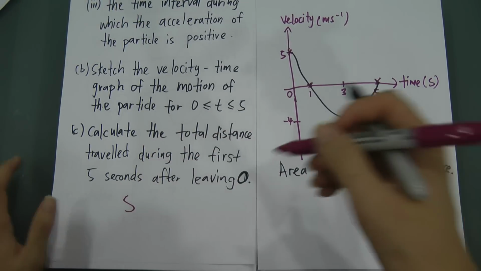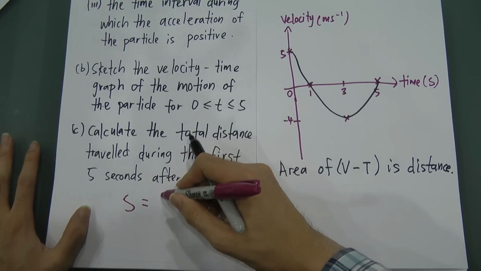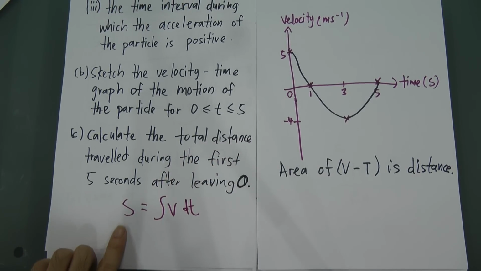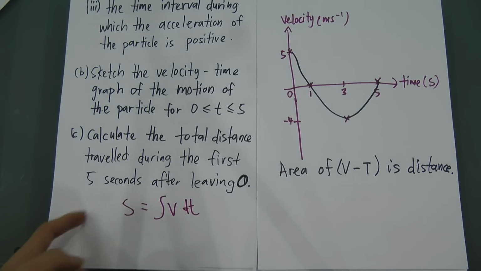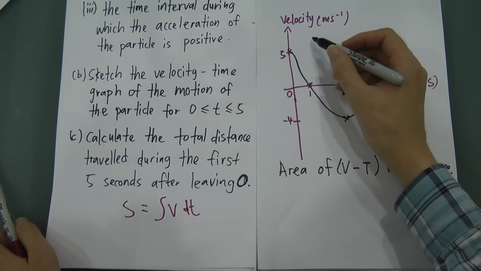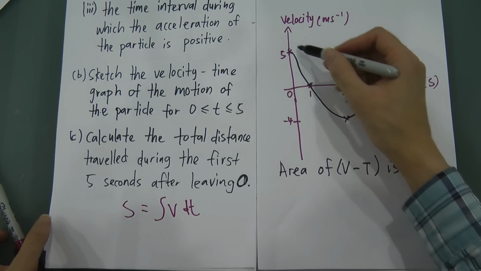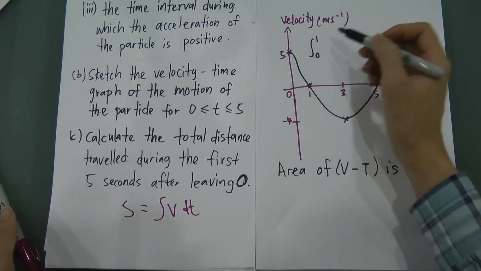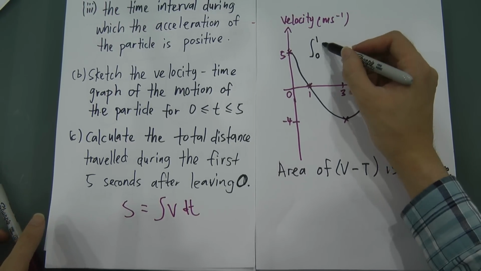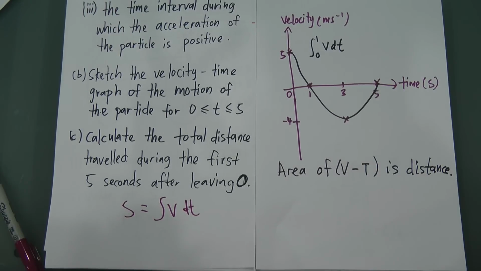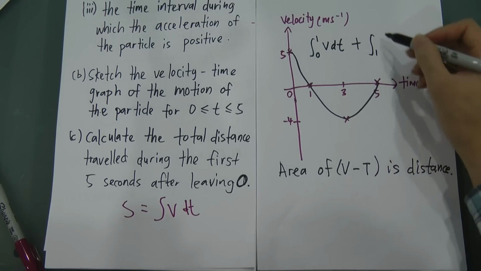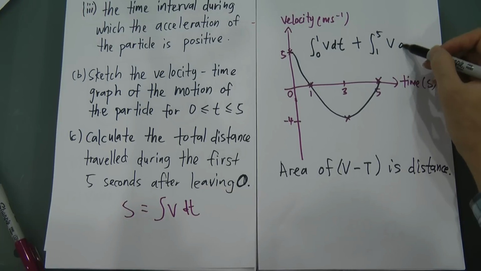To find distance, you have to have s, displacement. So in order to get s, you must integrate v dt. You integrate velocity, then only can you get s, which is distance. So first, for this part, I should integrate 0 to 1 of v dt, plus the second part, 1 to 5 of v dt.